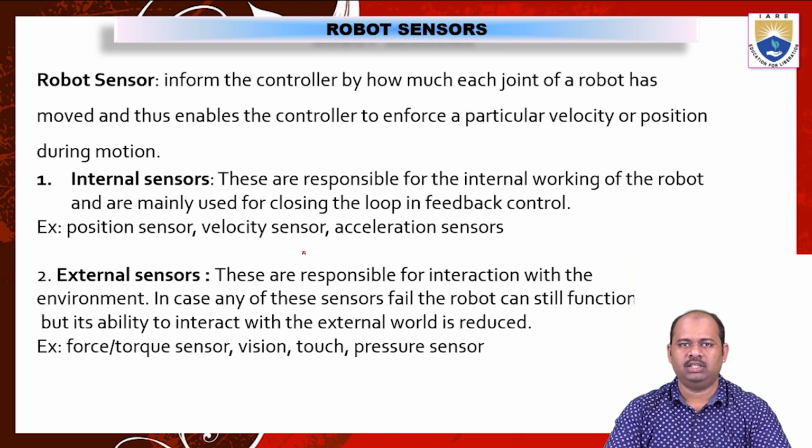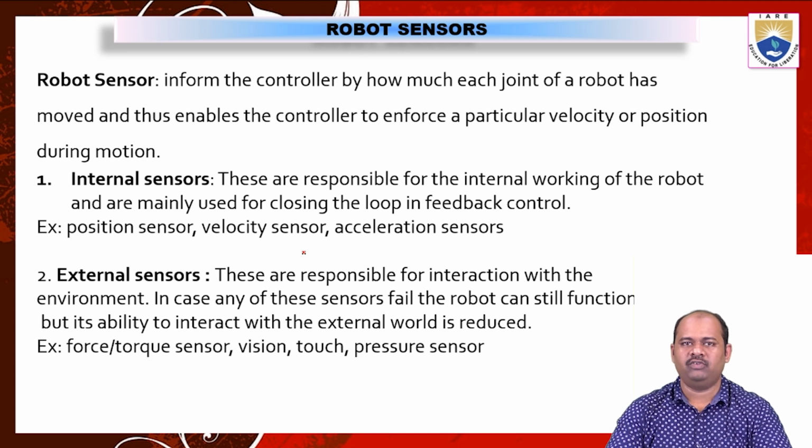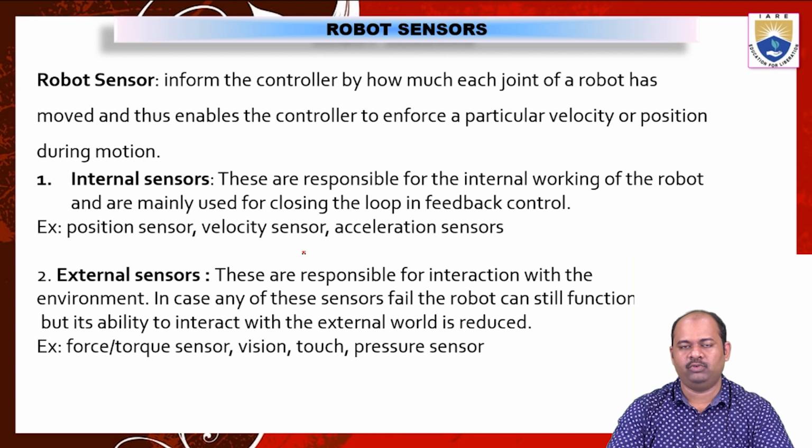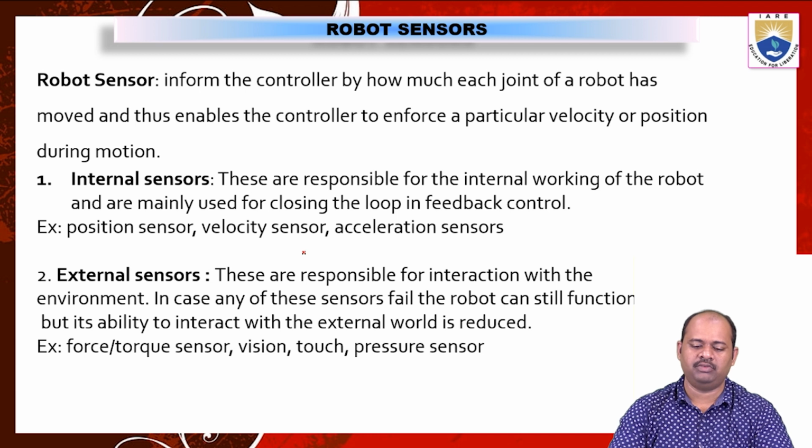Internal sensors will tell you the information about the different joints and links of the robot, like which position they are in and the position of each link with respect to another link. This data is given by the internal sensors.